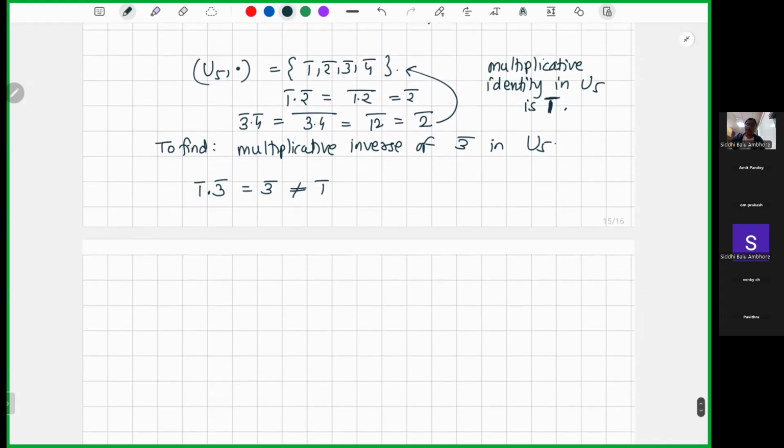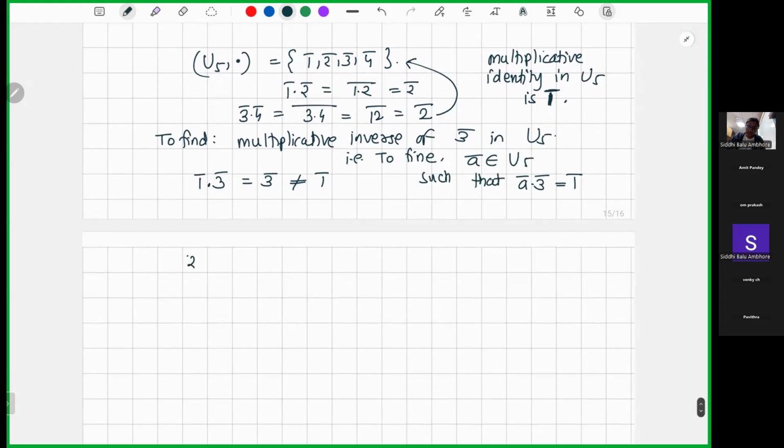So when I'm saying that I want to find the inverse of 3 bar, I want to find A in U5 such that A into 3 bar is 1 bar. That's what I want to find. Now let us try 2 bar into 3 bar. What is 2 bar into 3 bar? 2 into 3 whole bar, which is 6 bar.